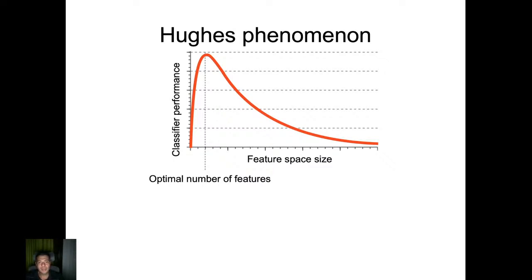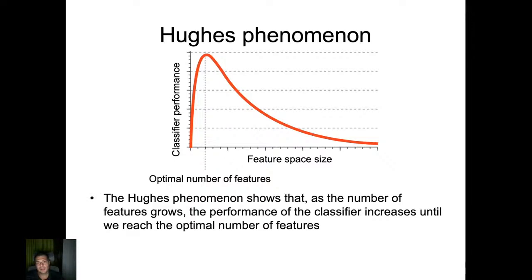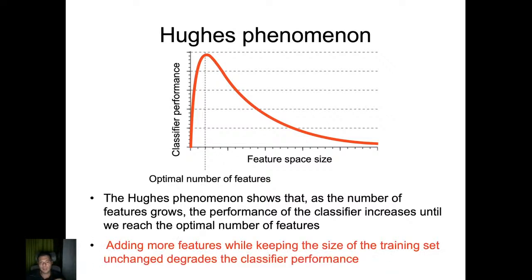back. And this curve of the classifier performance is called the Hughes phenomenon. So this is actually the curse of dimensionality. The key idea here is that adding more features while keeping the size of the training set unchanged degrades the classifier performance.